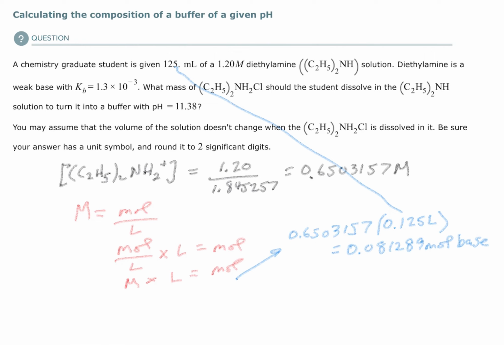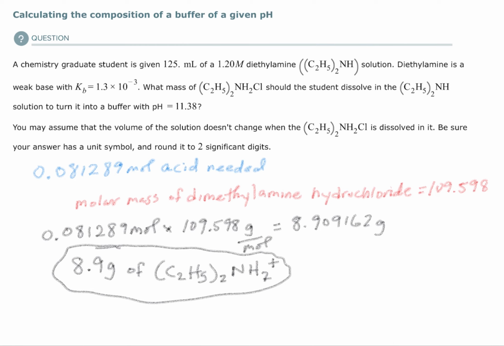So I end up with 0.081 moles of my base. Since my conjugate acid is going to have that same amount of moles, because we're only removing an H or adding an H, it's going to be the same. So I'm going to have that same amount of moles of acid needed.